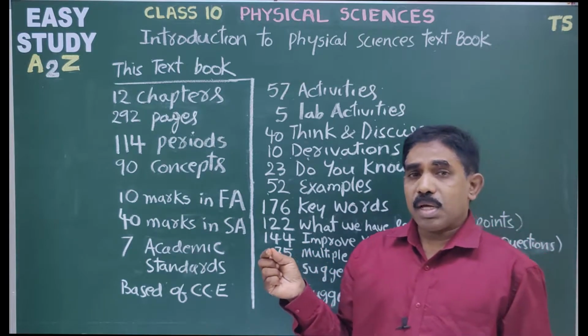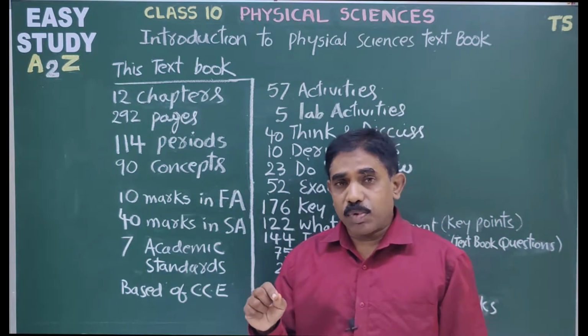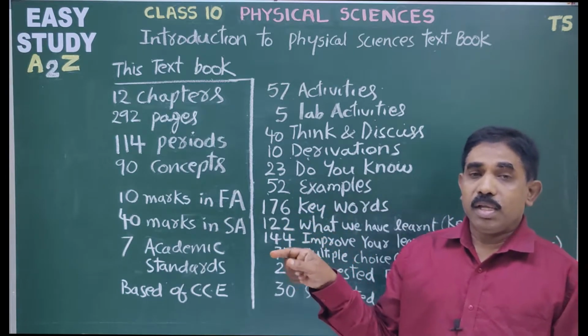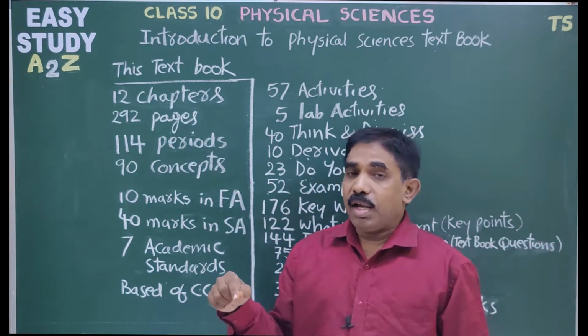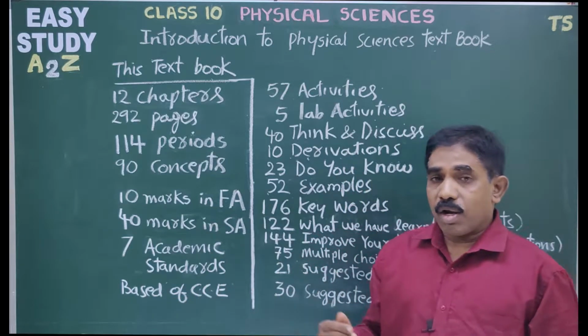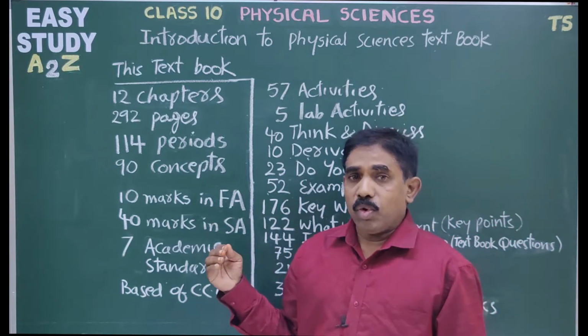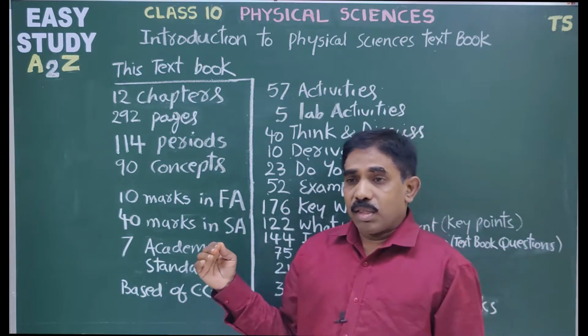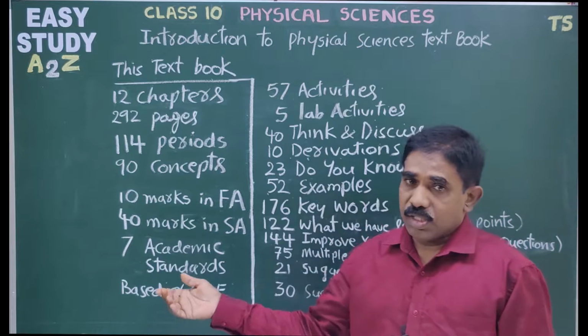Now, these concepts are introduced in the textbook based on the previous knowledge you have gained in class 7, 8 and 9. So, starting from what is known to you in class 7, 8 and 9, the new topics will be started.